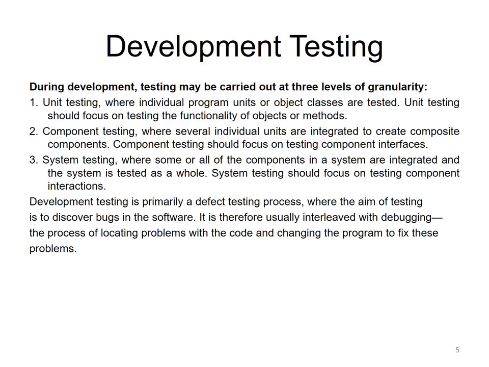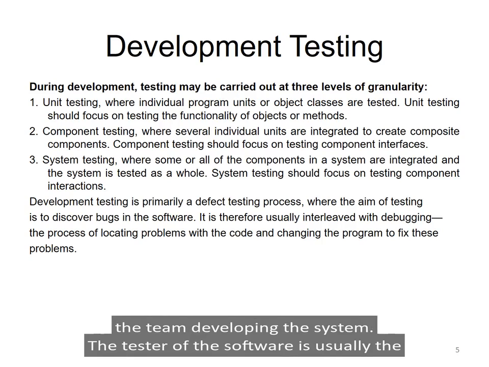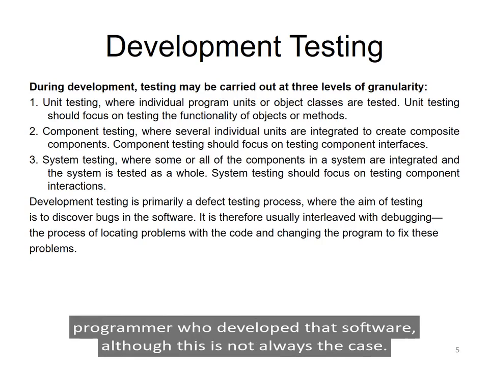Development testing. Development testing includes all testing activities that are carried out by the team developing the system. The tester of the software is usually the programmer who developed the software.